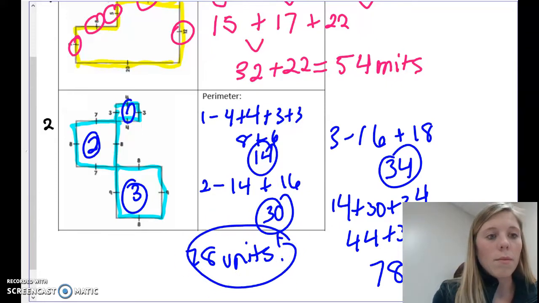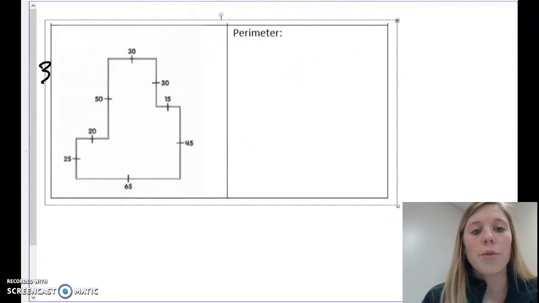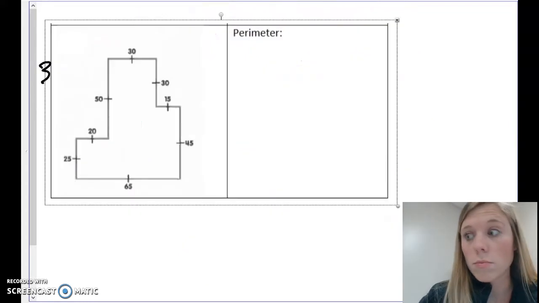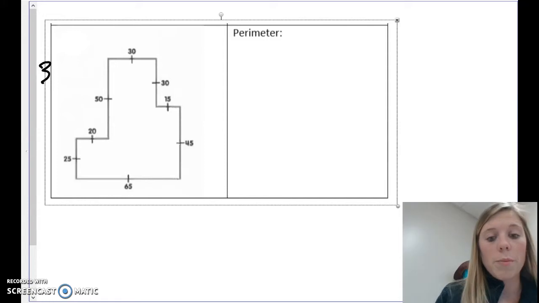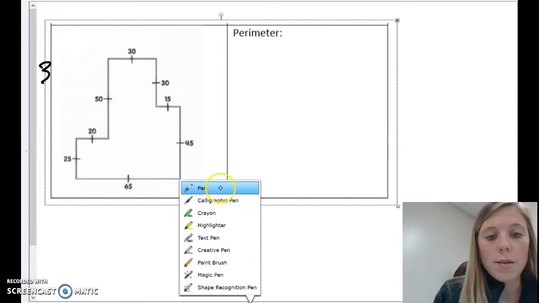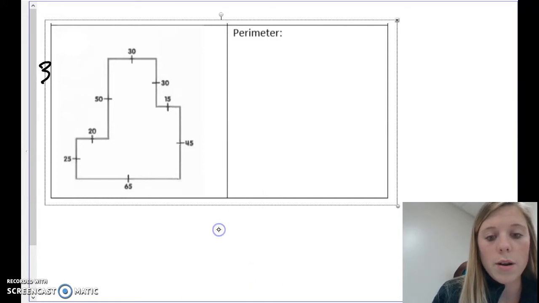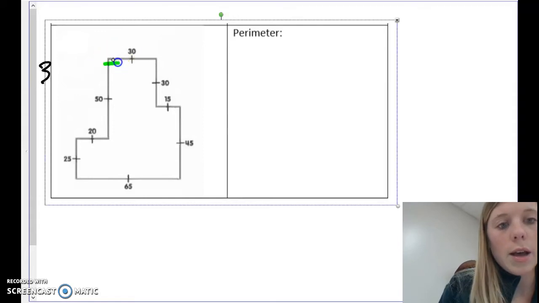Okay. Moving on to the next example, 3. This one, we kind of have some larger numbers here. So I'm going to highlight, oops, I need my highlighter. Highlight this outside border.